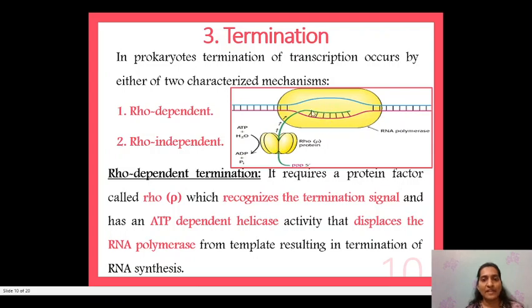It reaches this point and unwinds it because it has helicase activity. It unzips or unwinds it, leading to the dissociation of the mRNA transcript. When the mRNA gets terminated, the RNA polymerase displaces from the DNA template. So this is how rho dependent termination happens.